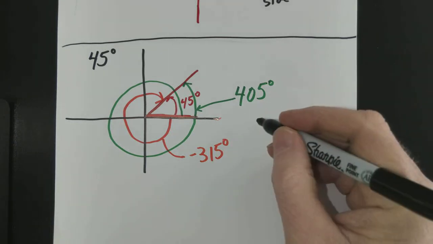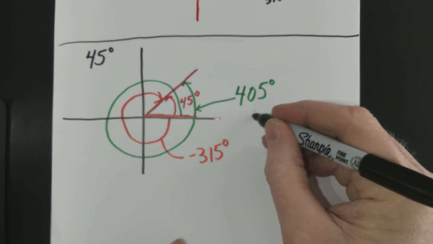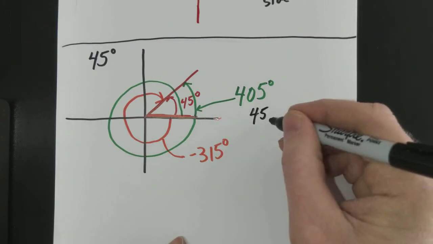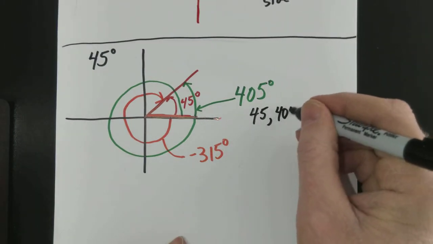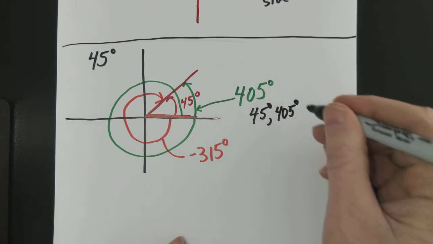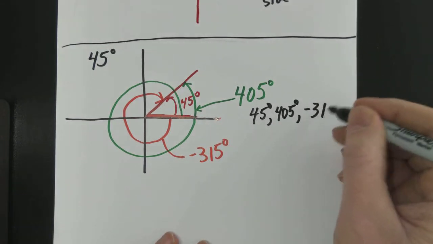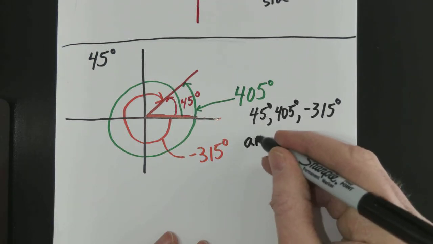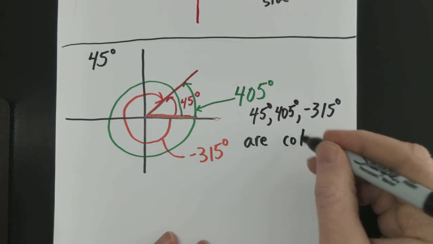So, 45 degrees, 405 degrees, and negative 315 degrees are coterminal angles.